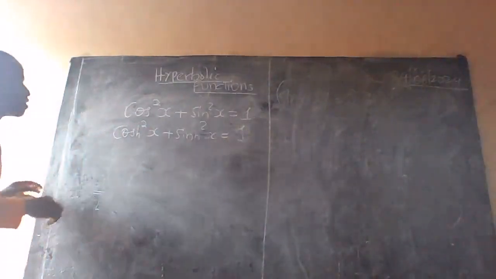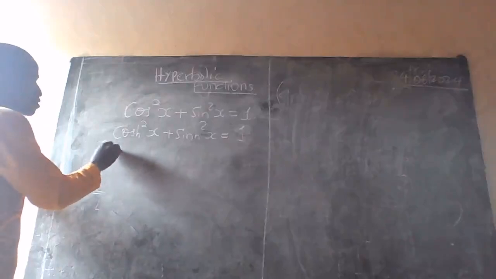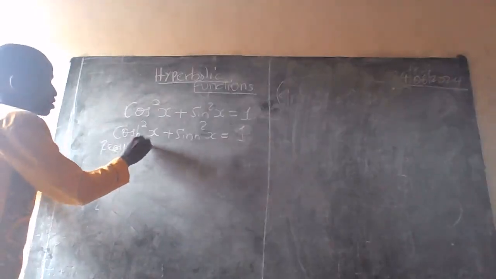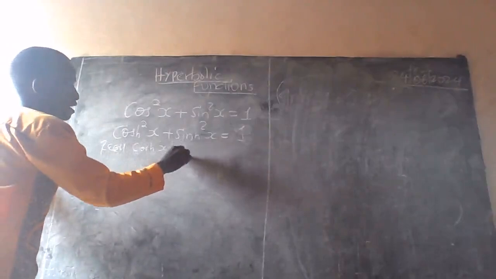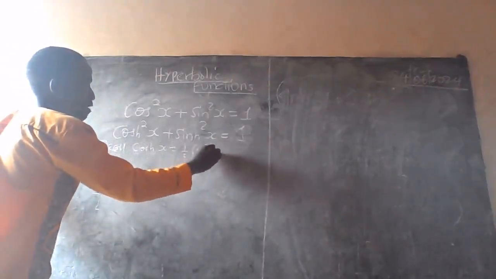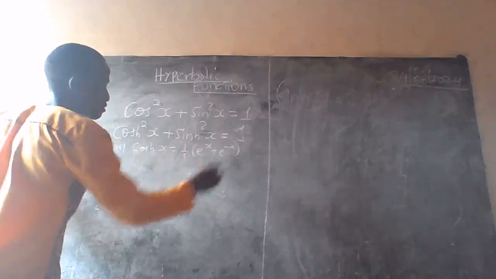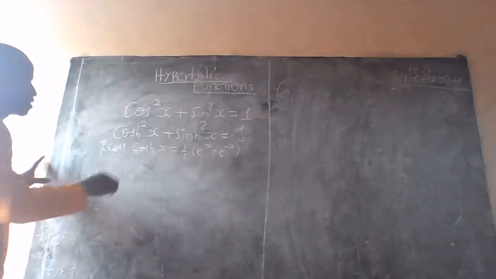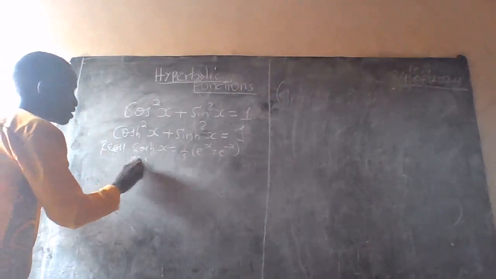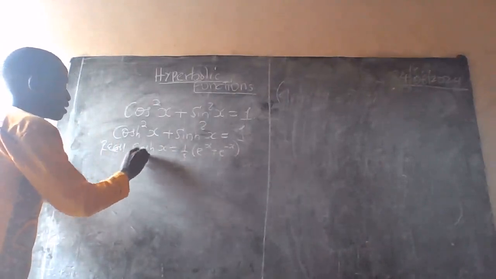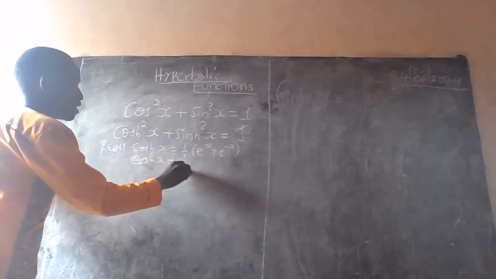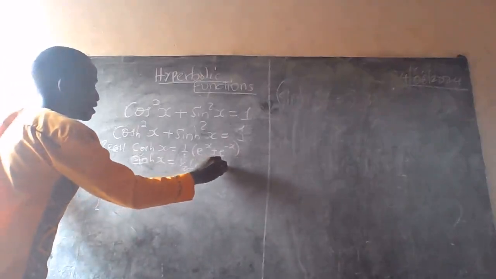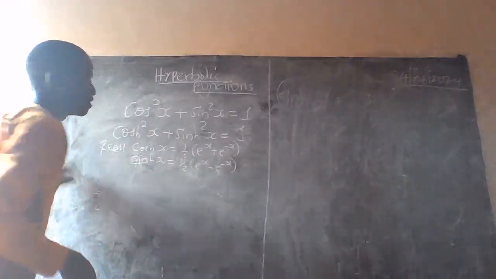So again, we have to recall that cosh x is given by a half e to the x plus e to the negative x. We also have to recall that sinh x is given by a half e to the x minus e to the negative x.